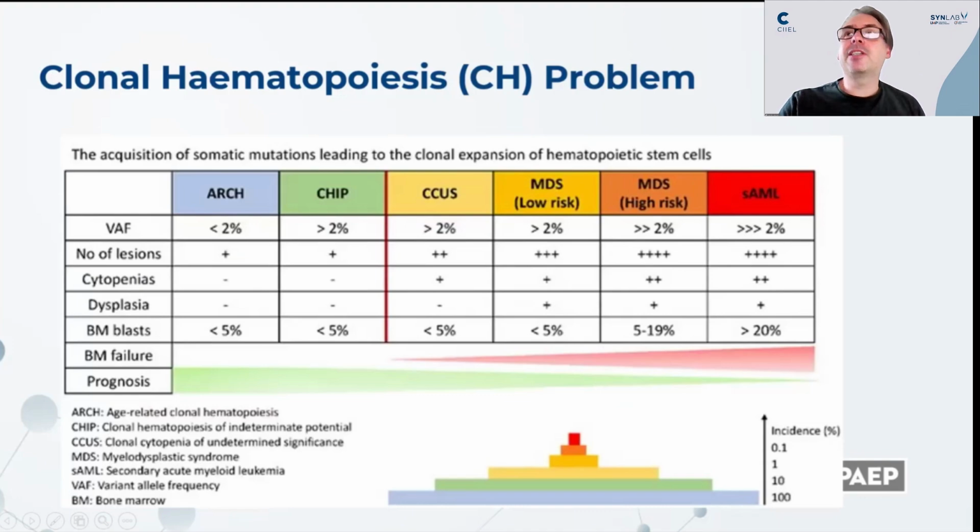Clonal hematopoiesis, CH, sometimes CHIP, clonal hematopoiesis of indeterminate potential. So this is the white cell signal. They can sometimes get in the way. A lot of it is associated with age. We just start accumulating these slightly dodgy white cell clones just because we've been knocking around for a while.